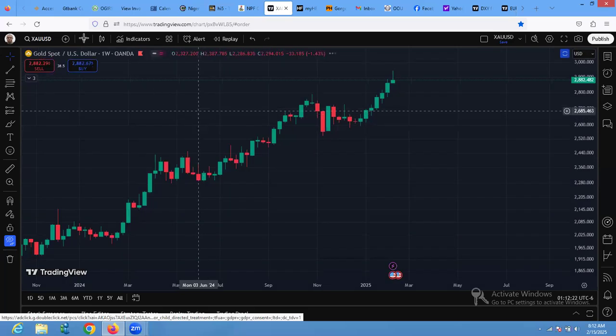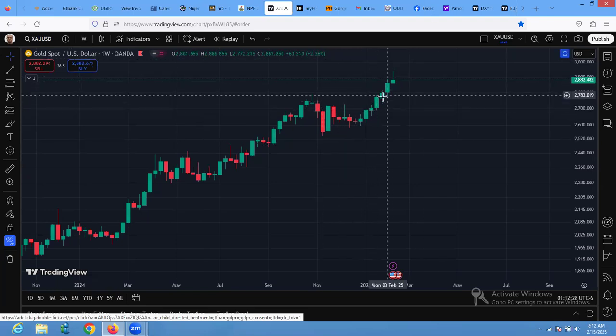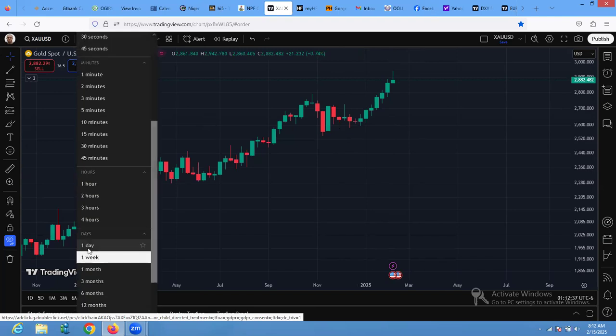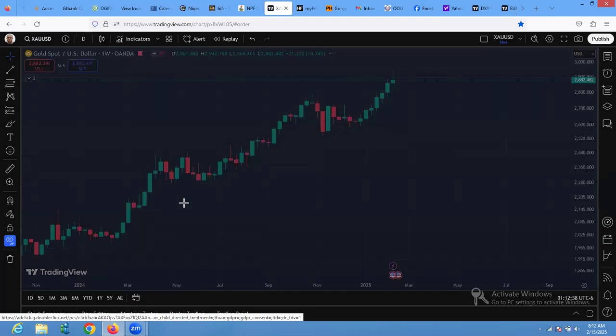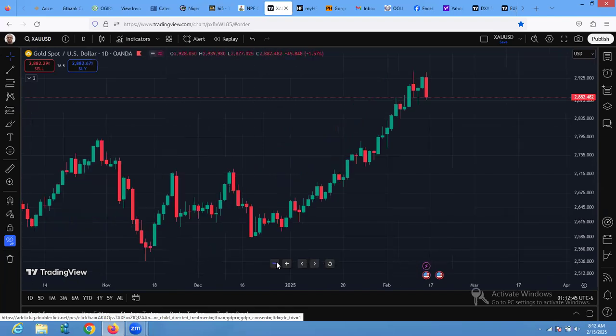So I see a sell in this move, a correction. If we go to the daily time frame, it will be much clearer. Now on the daily time frame, we are seeing it much more closely that this is the first impulse here, A, B, C of the 2nd wave.